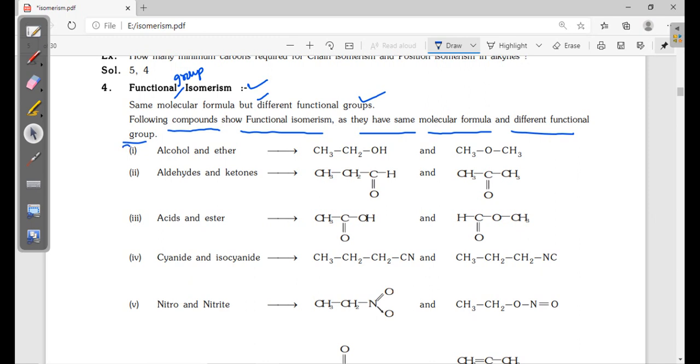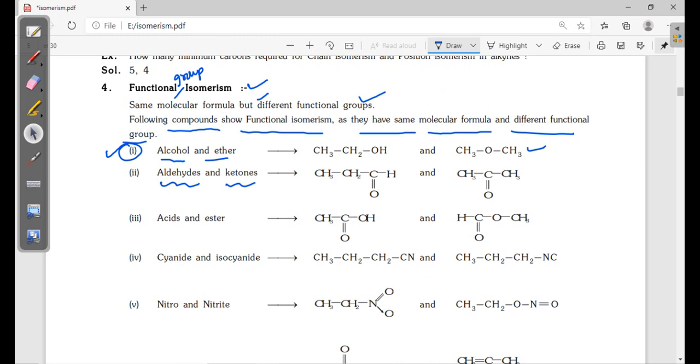Yes, the first example I already explained at the start, alcohol and ether. These have the same molecular formula, so they exhibit functional group isomerism. You can see ethyl alcohol and dimethyl ether. If you remember these names, that's better. Aldehydes and ketones, the molecular formula is the same, so these are also known as functional group isomers.